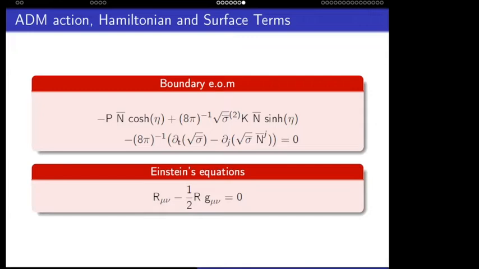You take the variation with respect to these, and you get these equations, which are constraints. This system of equations is equivalent to this. However, by doing this, you get this extra equation.